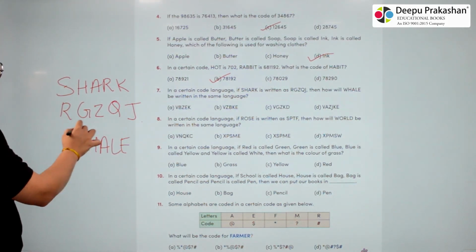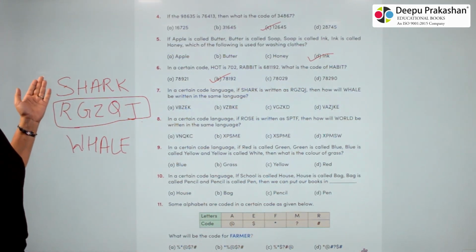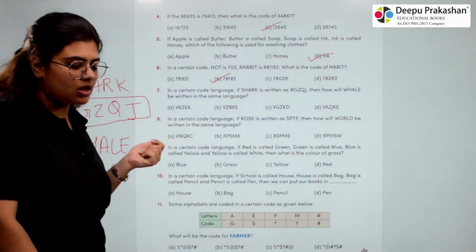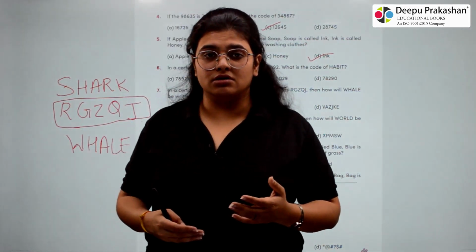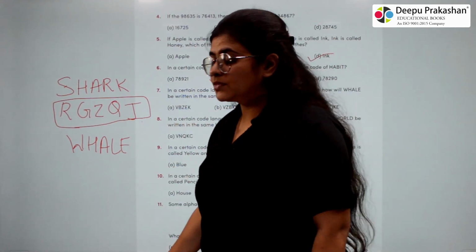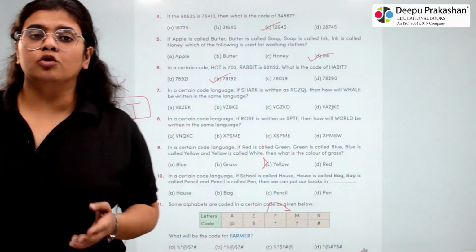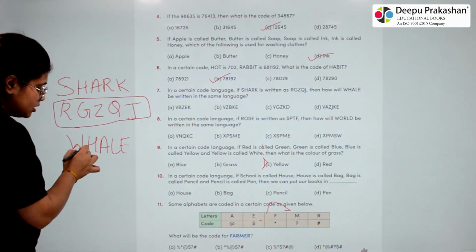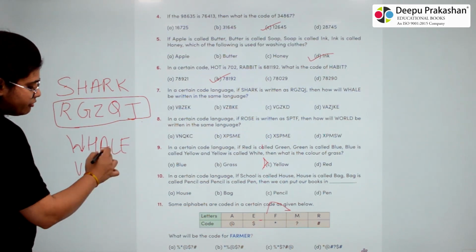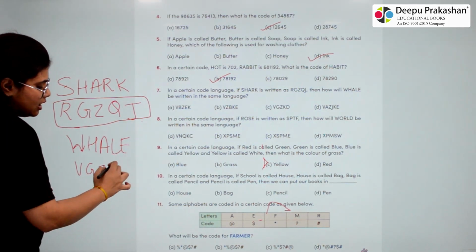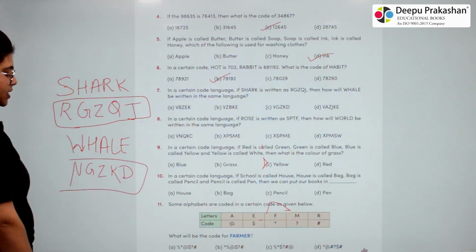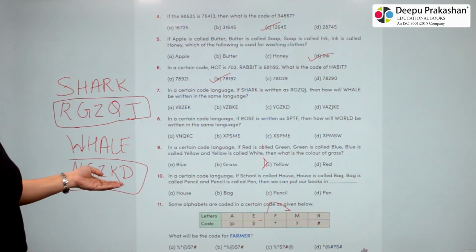If we look at the pattern of the code, we can simply say the code letters are the previous letters of the letters present in the word shark. So for whale, the letter before W is V, before H is G, before A is Z, before L is K, before E is D. So here the code will be V, G, Z, K, D.